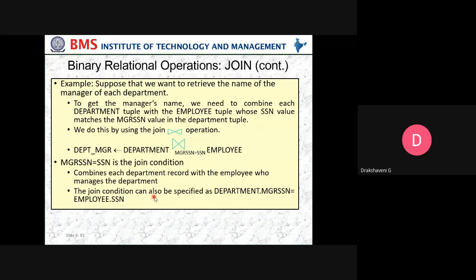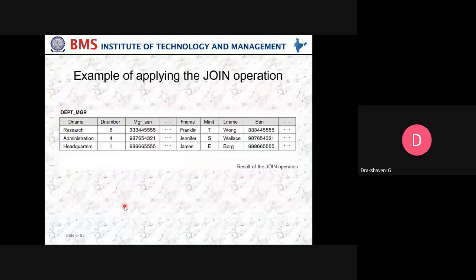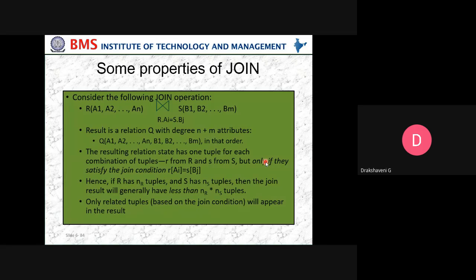The join condition can also be specified as department.manager SSN equals employee.SSN. Example of applying a join operation: department manager with department name, department number, manager SSN, sex, first name, middle name, last name, and SSN. Now the properties of join. What are the properties we have to follow? Consider the following join operation.